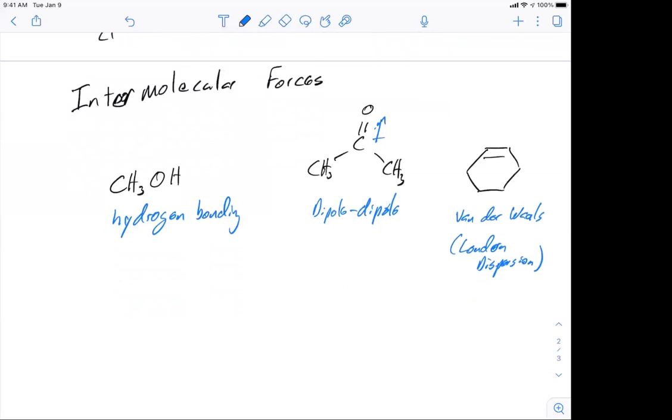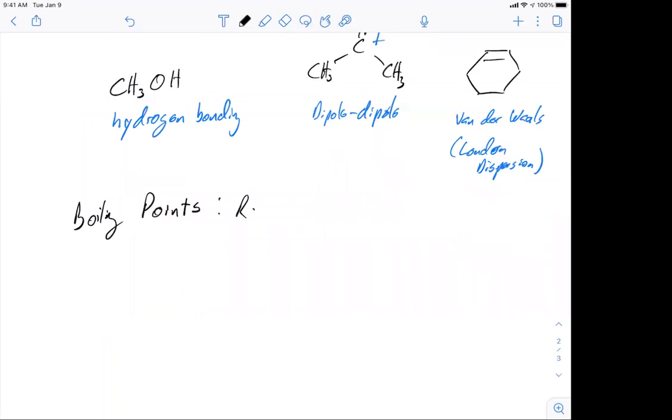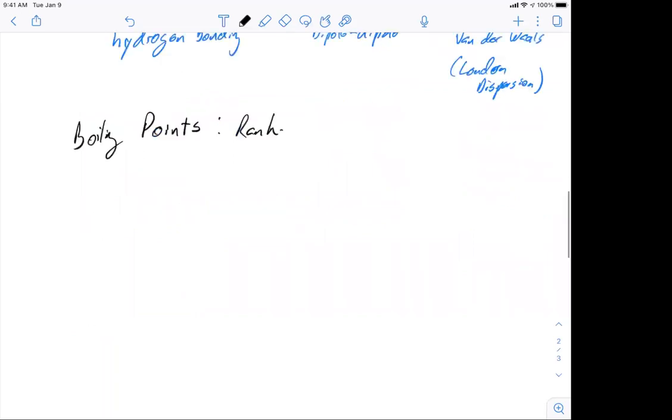Okay. From intermolecular forces, we can get to boiling points. So rank these compounds for their boiling points. Okay.